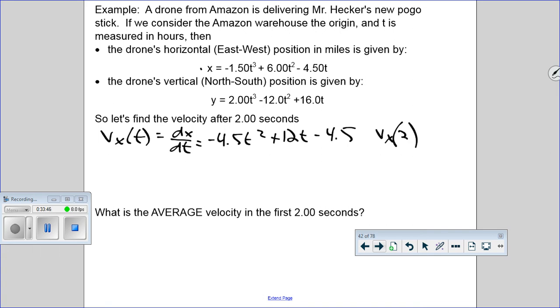Similarly, to find my vertical velocity, I'm going to differentiate my y position as a function of time. That gives me 6t squared minus 24t plus 16. And it turns out that your vertical velocity at t equals 2 is 0.